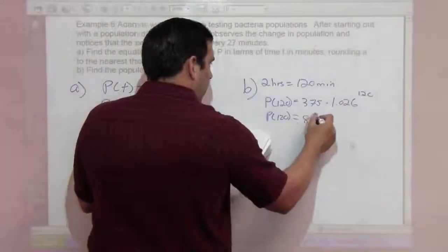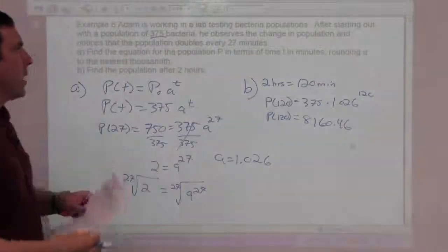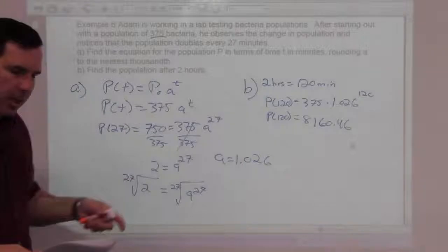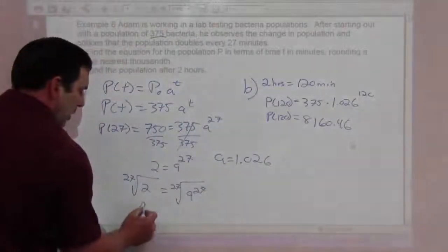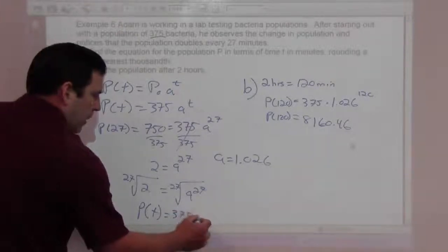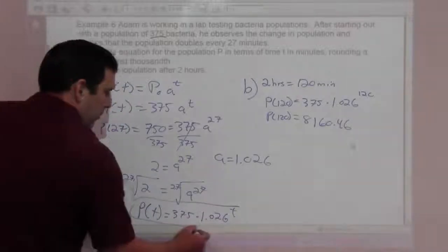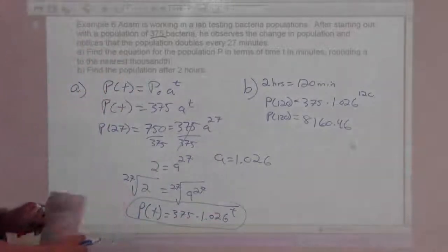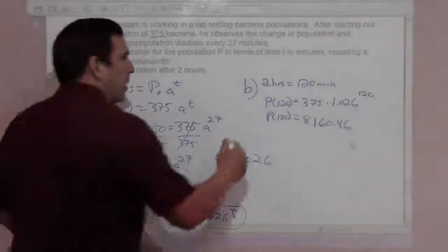And that's going to be 8,160.46. Okay, with that, increasing that rapidly, how would you be able to count that? So our formula from part A was P of T equals 375 times 1.026 to the T power. That's the answer to part A. Here's the answer to part B.